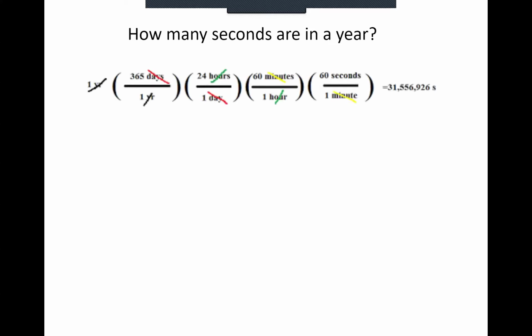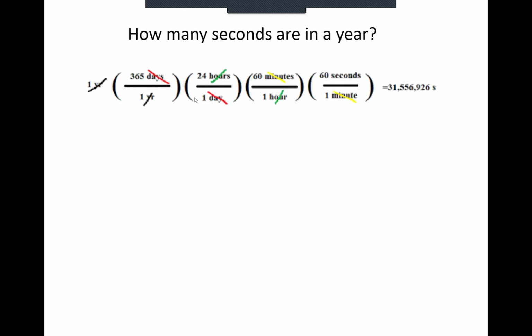But I want you to pay attention to the units as well. If I say that we have 1 year of time, and I want you to convert that 1 year of time into units of seconds, you can write a series of conversion factors. You see the big sets of parentheses?